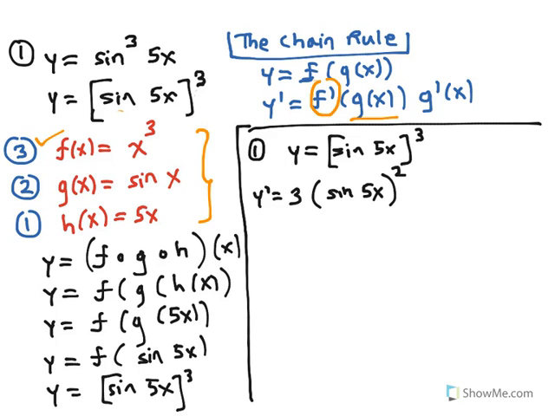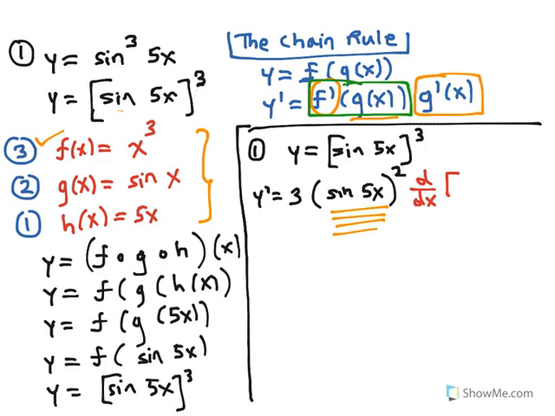So this is this particular part of the chain rule. What's the next part? You have to multiply by the derivative of the inside function, which for this problem is sine of 5x. So now you have to multiply by the derivative with respect to x of sine of 5x. Sine of 5x is a composition of two functions, so how do you find its derivative?